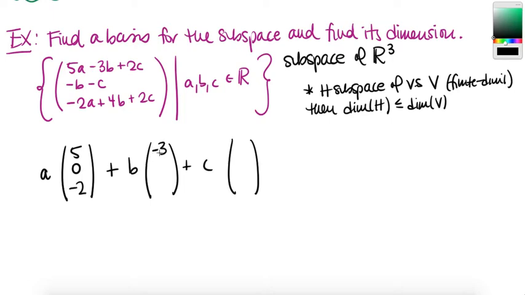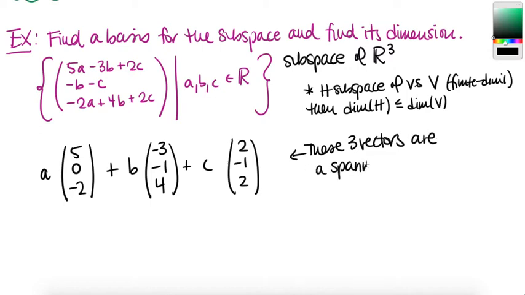The B part: there's -3, -1, and 4. The C part: there's 2, -1, and 2. Because anything in our subspace is a linear combination of these 3 vectors, they are a spanning set.